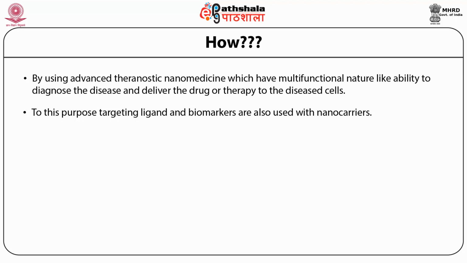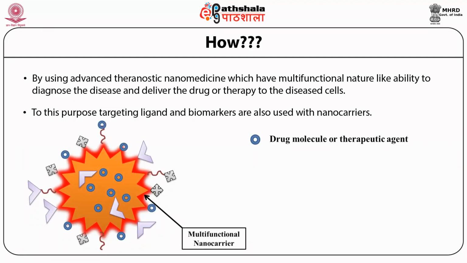As you can see in this figure, different functionalities have been attached as well as loaded to the nanocarrier. The red circle is showing the multifunctional nanocarrier, and the blue circle is depicting the drug molecule or therapeutic agent.